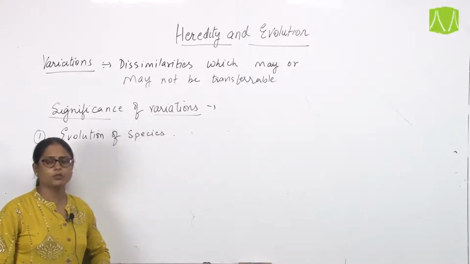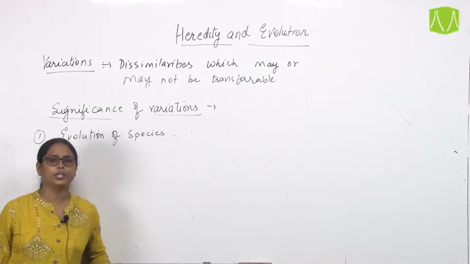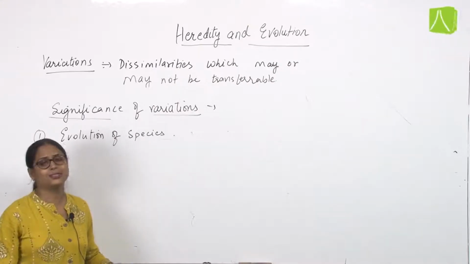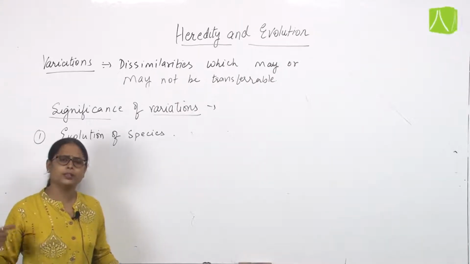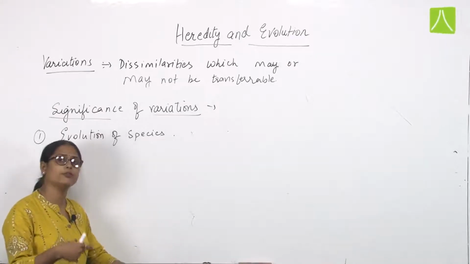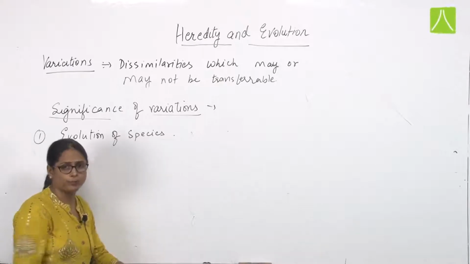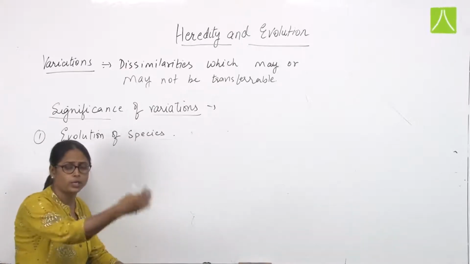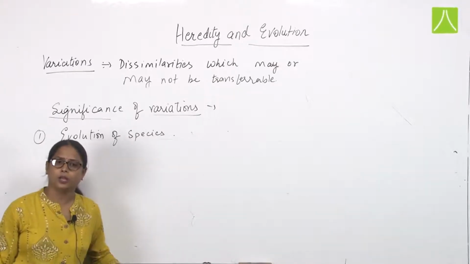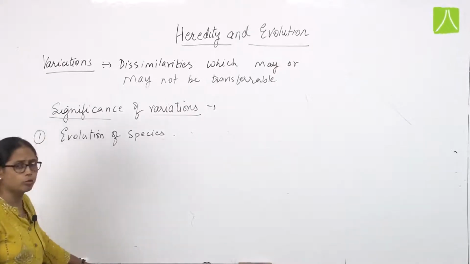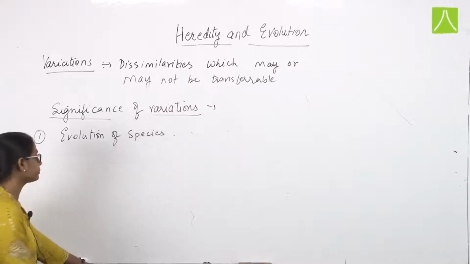Generally, when the earth originated and life originated on the earth, at that time different species were there, but due to changes in the environmental conditions, various changes were transferred from generation to generation, and the species which has arisen or evolved is entirely different from the ancestral species. So this is very important to bring about evolution.